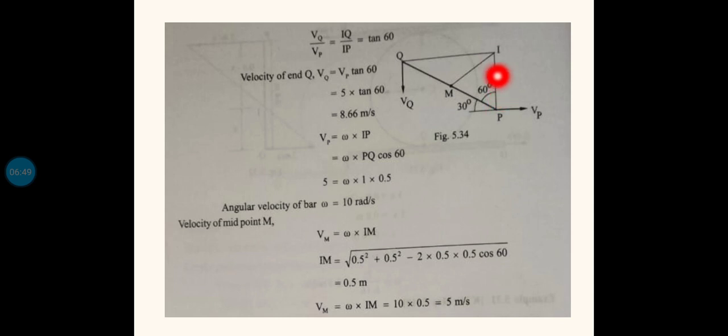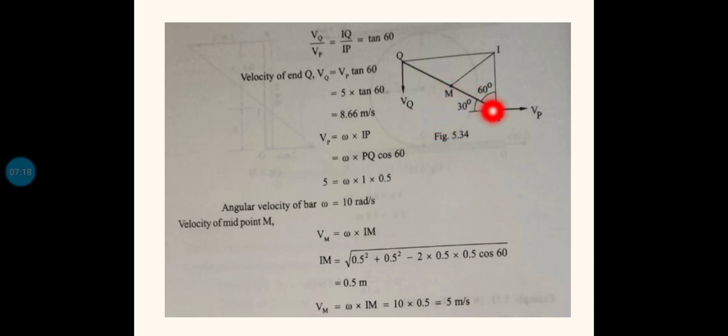Here MP is 0.5, this is also 0.5, and the angle between these two is 60 degrees. If you want to find the value of IM, then IM, the unknown edge, is equal to root of 0.5 square plus 0.5 square minus 2 into 0.5 into 0.5 into cos 60.